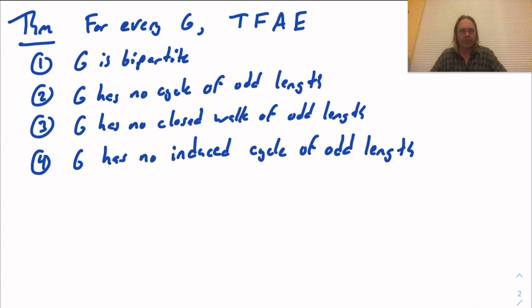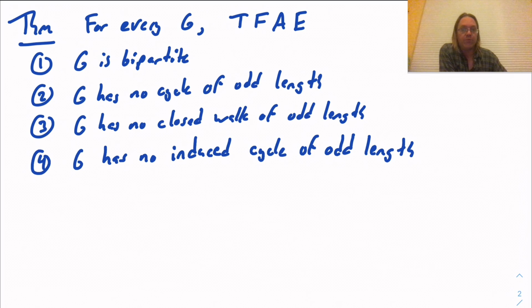So what we're doing here in a sense is sharpening this. Usually the main fact that we want about bipartite graphs is that a graph is bipartite if and only if it does not have an odd cycle, by which I mean a cycle of odd length. But the form I'm going to give you here is a slight strengthening of that that's sometimes very useful.